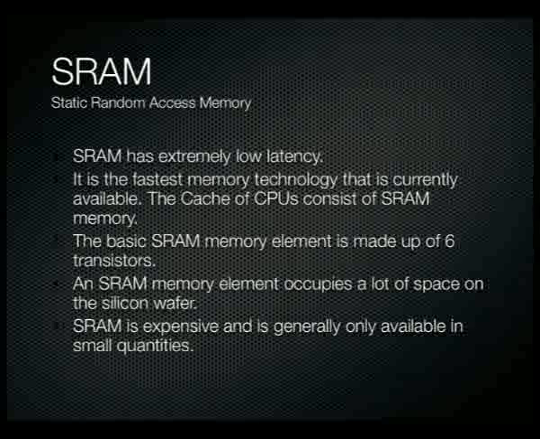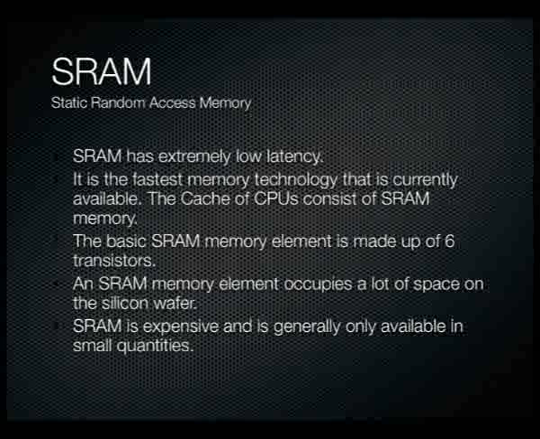So the SRAM memory element occupies a lot of space on the silicon wafer, because transistors are quite big on a silicon wafer in comparison to other components. So now we've got 6 of them for each bit memory element, and therefore SRAM is expensive and generally only available in small quantities. So that's why you don't have 3 or 4 gigabytes of cache inside your processors, because that would be extremely expensive, and the silicon chip that would result would be absolutely huge.